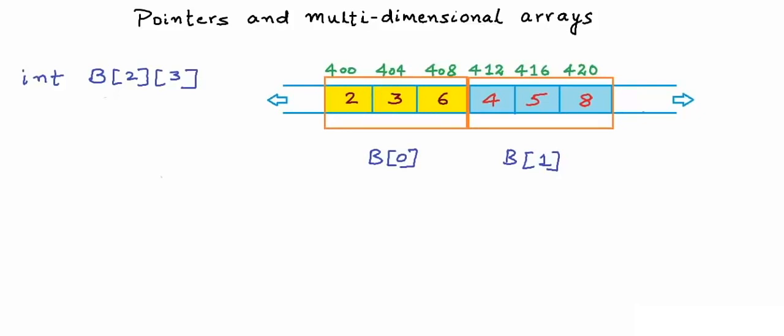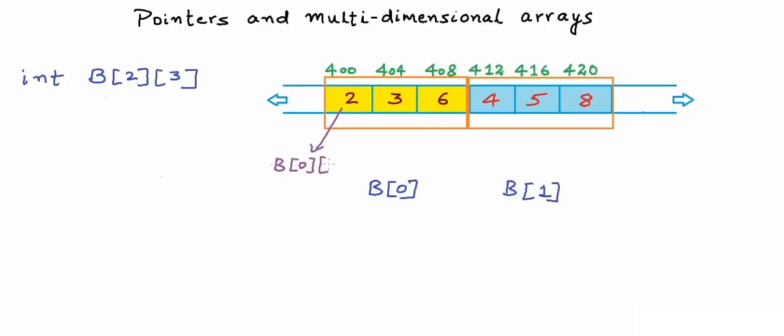Now let's look at this. B0 is from byte address 400 till 411. We have 3 integers and we have 4 bytes for each integer. The first integer, that we can access as the element at the 0th index of B0, is taking 4 bytes, starting address 400.